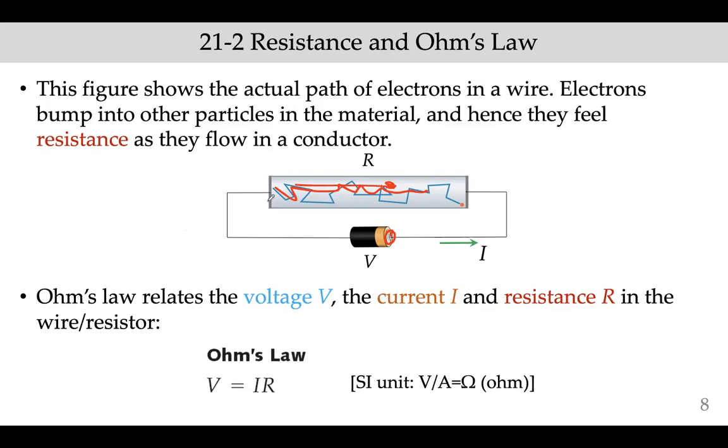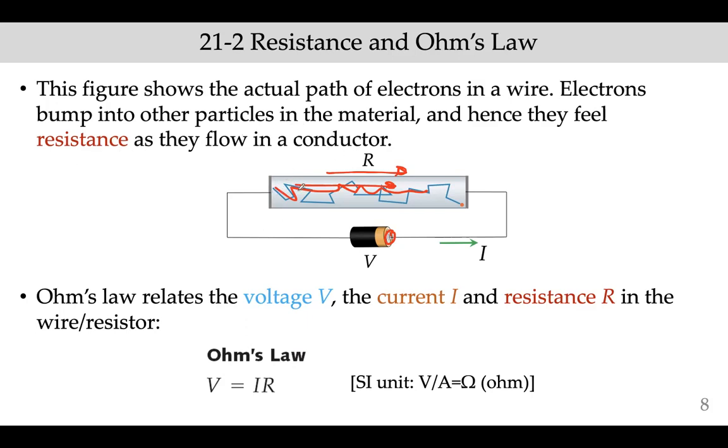Even though the average motion is forward, if you look closely, it makes some collisions with the atoms in this wire or in this resistor. So electrons bump into other particles in the material, which are actually atoms, and hence they feel resistance as they flow in a conductor.